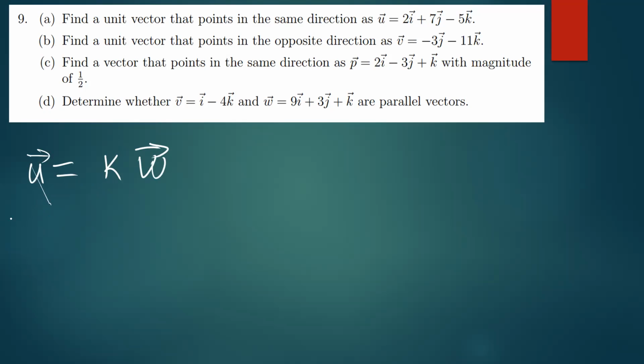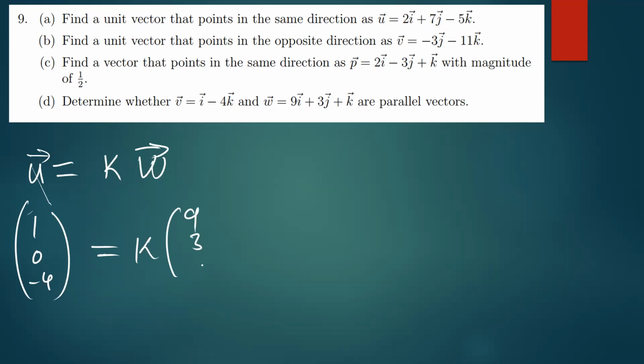The numbers that we have are 1, 0 and negative 4. We're trying to find the values of k. If the values of k are all going to be the same, then we conclude that the vector v is parallel to w. So we have k there, and then we have 9, 3, 1. I've just written these two vectors in this matrix format.